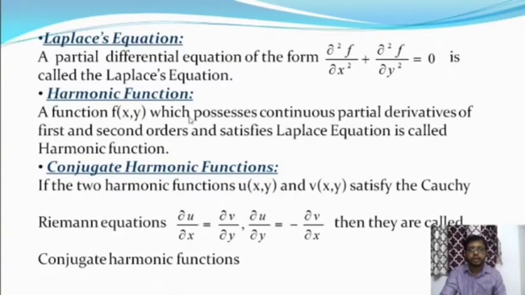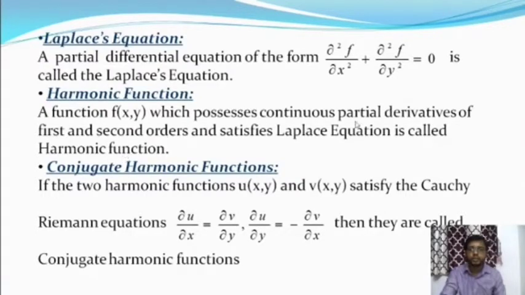That means the first and second order partial derivatives exist in a domain D on the complex plane. Then it is called a harmonic function.